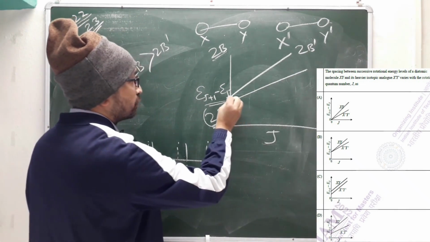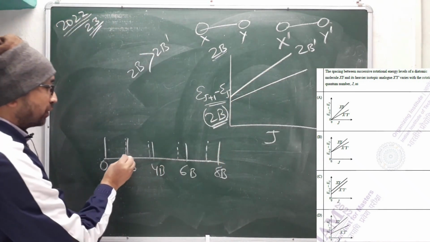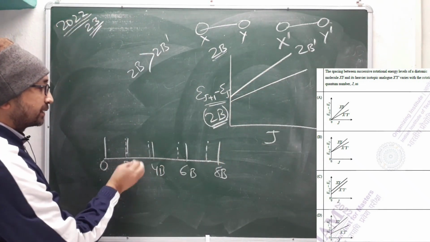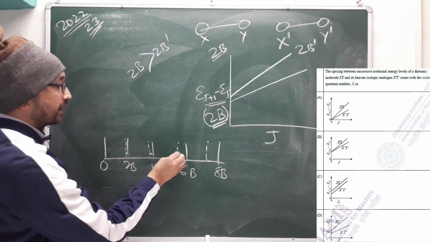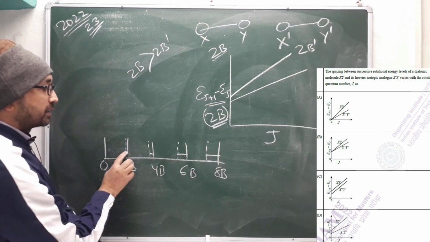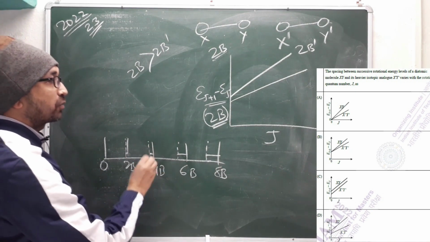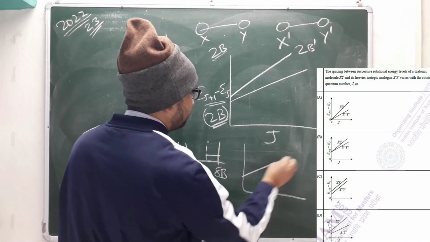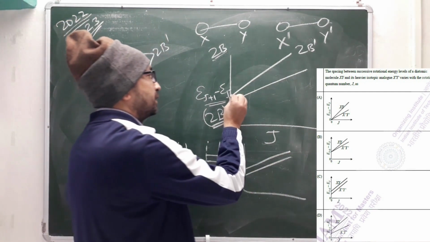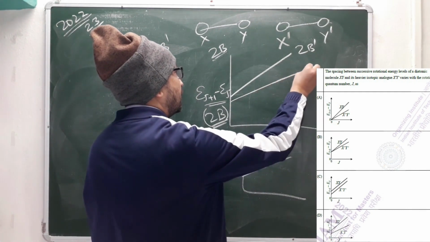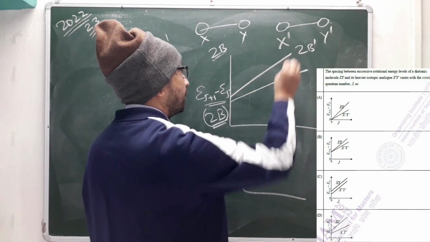So this is not parallel, because the successive energy levels increase and this difference is getting increased. It is not like the difference is constant. If the difference were constant, you would get a parallel graph. But here one will be lower, one will be on the upper side, correct?